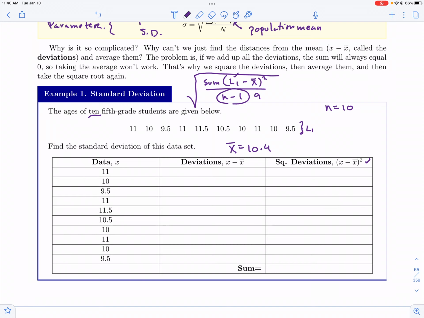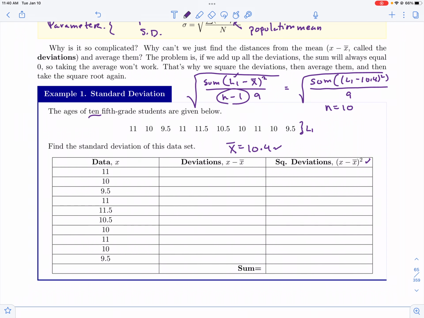To write out what we're going to type into the calculator, we get the square root of the sum of list 1 minus our mean 10.4, squared, all divided by n minus 1, which is 9. Let me show you how we can type this into the calculator. It gets a little ugly, so you may have to pause it. Don't get too bogged down if you can't do this, because I'm going to show you an easier way in a second.